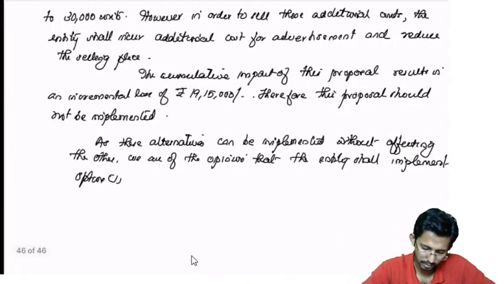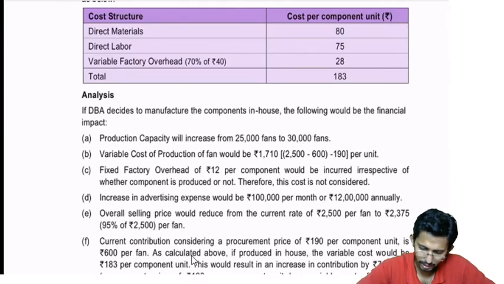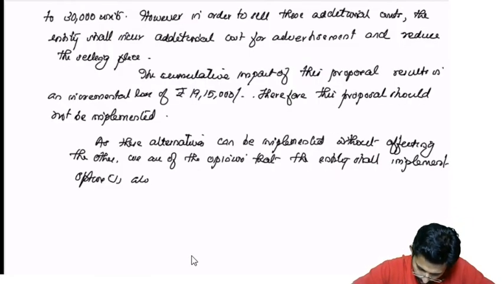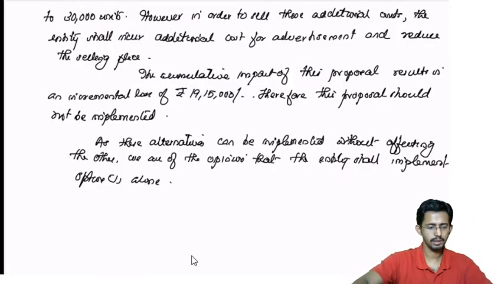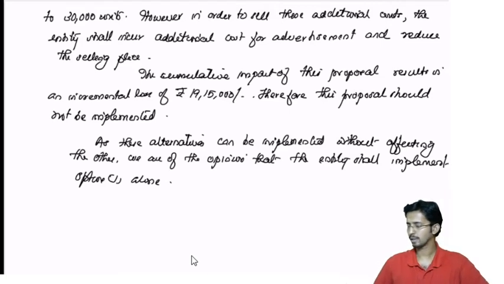Option 1 alone. Is it clear? Though they are giving you two options together, on an analysis it comes that it is better to go with option 1 alone rather than going with both the options together. So that should be implemented.